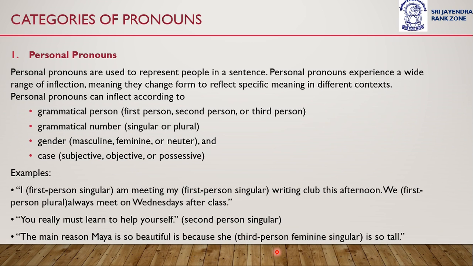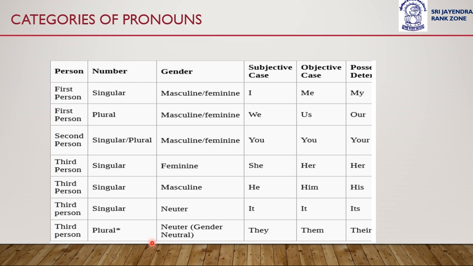Alright. This table will help us understand personal pronouns better. For a first person singular form and masculine and feminine both genders, we use I in the subjective case, me in the objective case, and for the possessive case we have to use my.